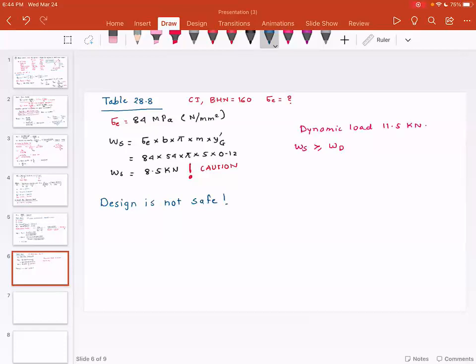So the design is not safe because static load is less than dynamic load. So what options do we have? Typically, if the problem is open-ended, the first option would be to increase surface hardness.